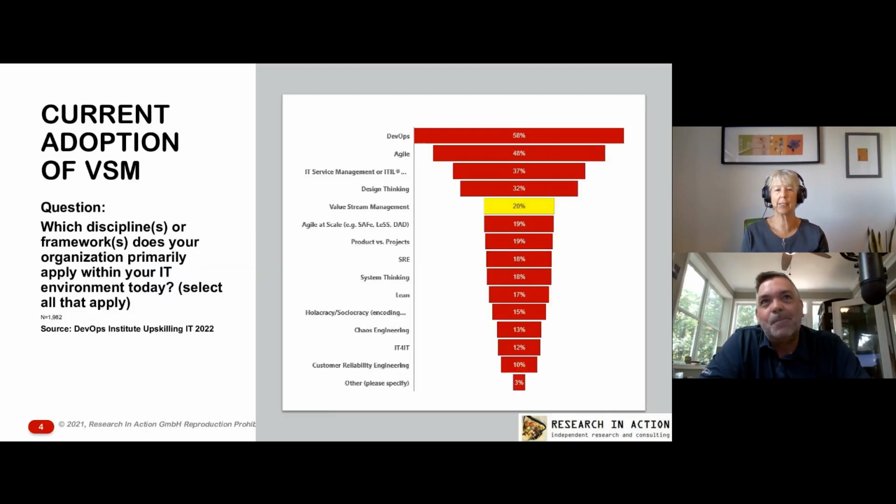All right, so let's look at the adoption. This is from the DevOps Institute Upskilling IT 2022, a team I work with as Chief Research Officer. We asked which disciplines or frameworks your organization primarily applies within your IT environment today, and you can see value stream management at 20% in terms of application.